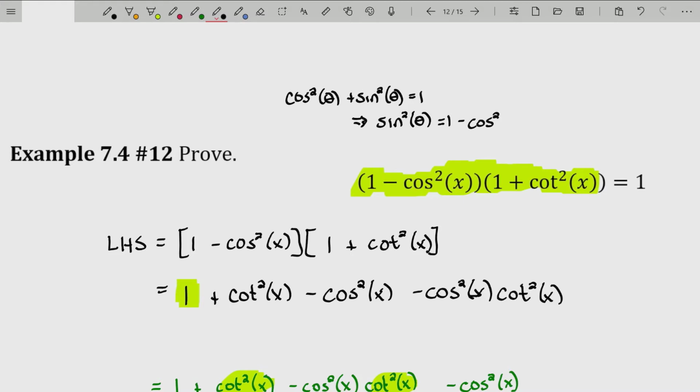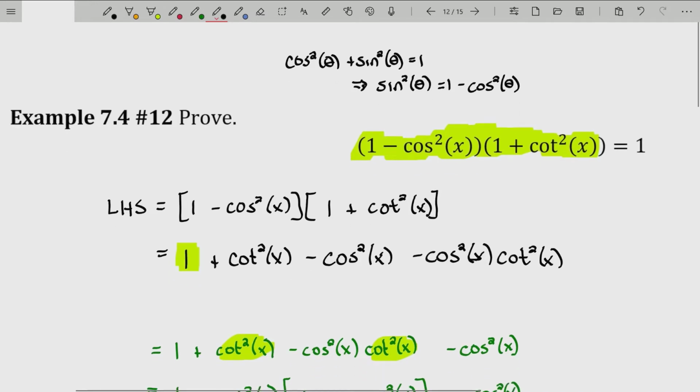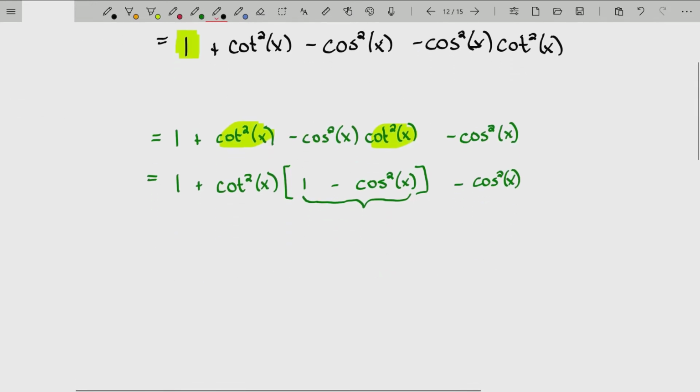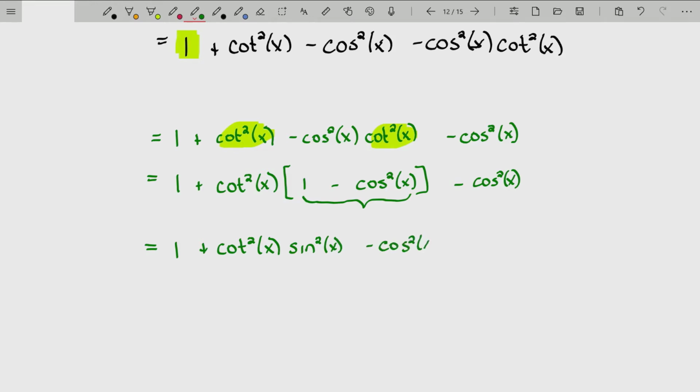That happens so often in trigonometry that you really want to just be able to see that and move on very quickly. So I happen to know that 1 minus cosine squared is going to turn into a sine squared. So I'll trade it out right now. That's a cotangent squared. And then we have a beautiful sine squared of x. And then we still have off back there a minus cosine squared.